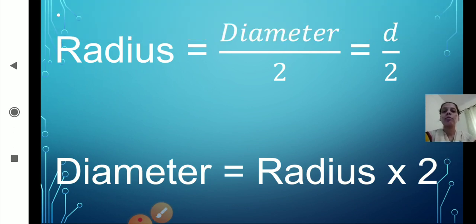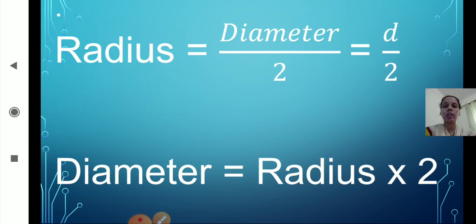Now, there are two more formulas to find out radius and diameter. Radius is equal to diameter upon 2. Radius is half of the diameter. So what is the formula to find out radius? Radius is equal to diameter upon 2, d upon 2. Then what is the formula to find out diameter?